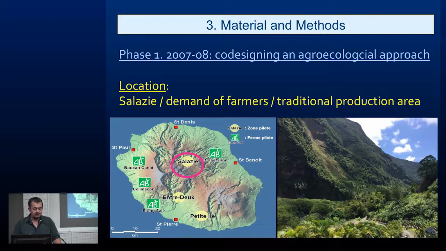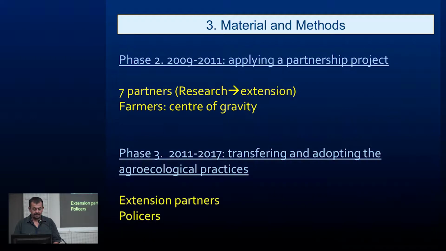Phase one was situated in the Salazie area, which is a circus. It means quite a unit with ecological characteristics, and it's the traditional production basin of chayote in Réunion Island.